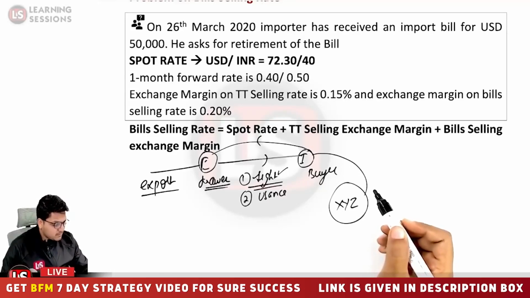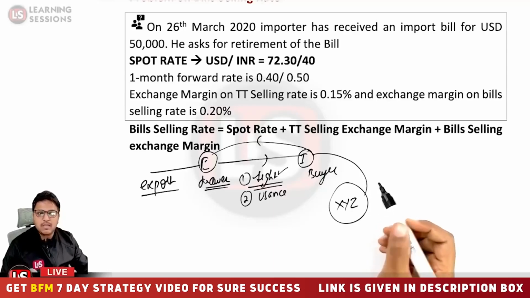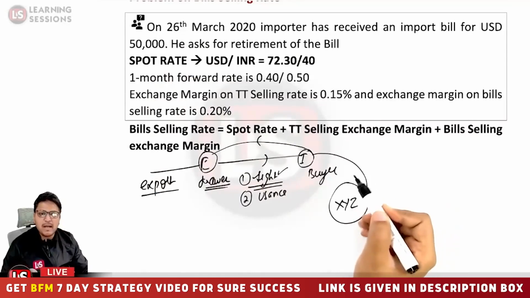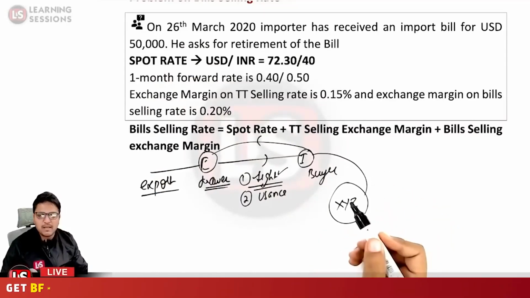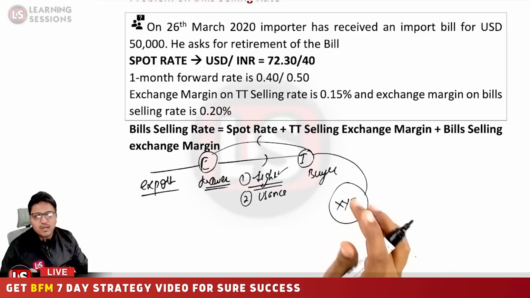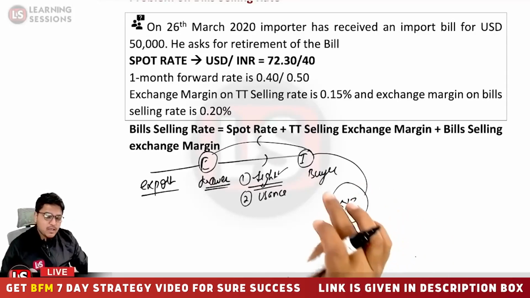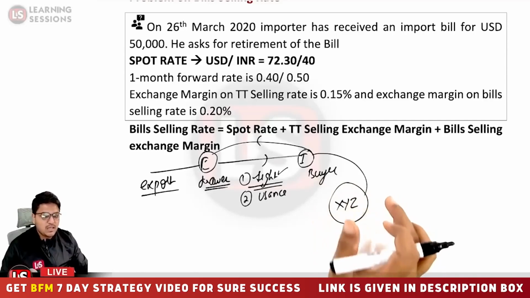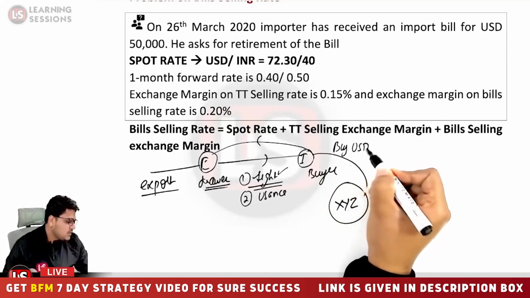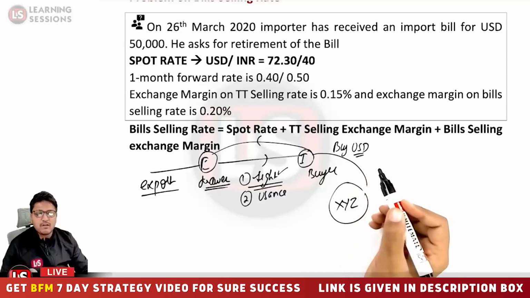Because the bill was drawn in USD, the amount is to be paid by the importer in USD only. If the importer wants to pay the amount in USD, he first has to buy the USD. Now at what price will he be able to buy?